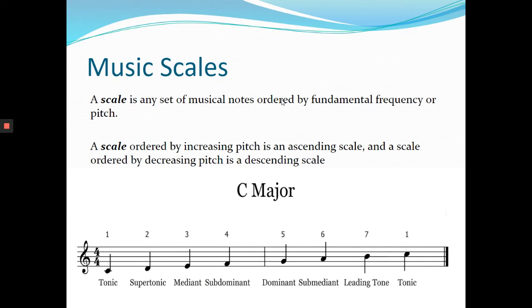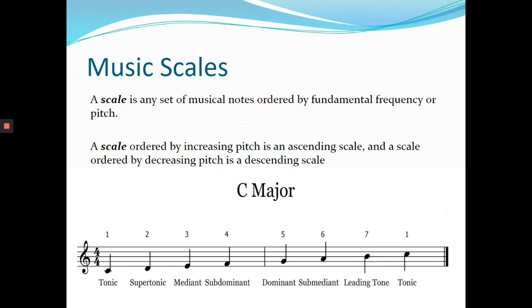Okay, remember, a scale is any set of musical notes ordered by fundamental frequency or pitch. A scale ordered by increasing pitch is an ascending scale, and a scale ordered by decreasing pitch is a descending scale. Okay, so mostly, if it's going up, they're going to call it an ascending scale, or if they're going down, it's called descending.